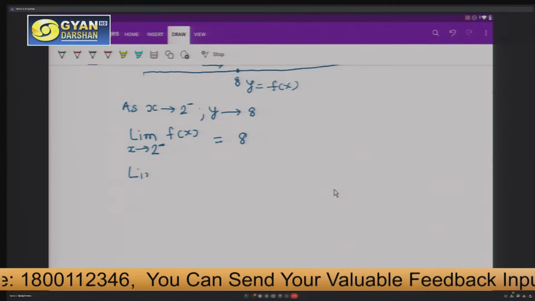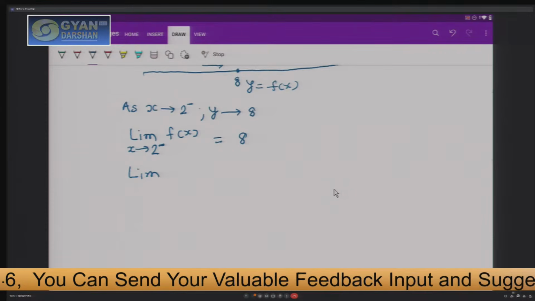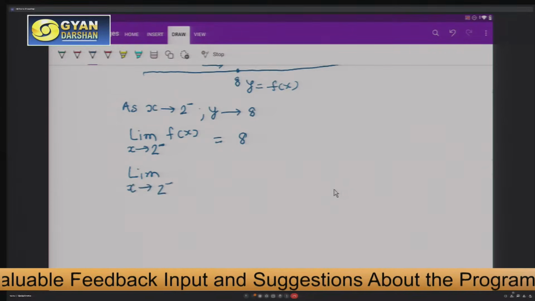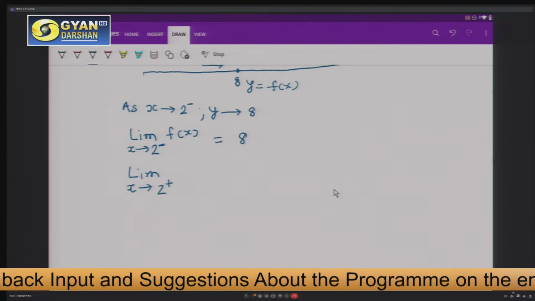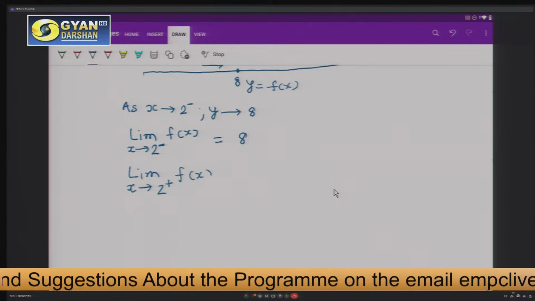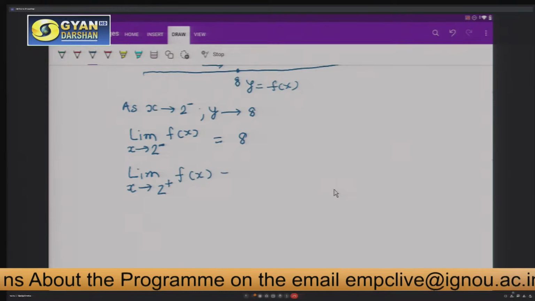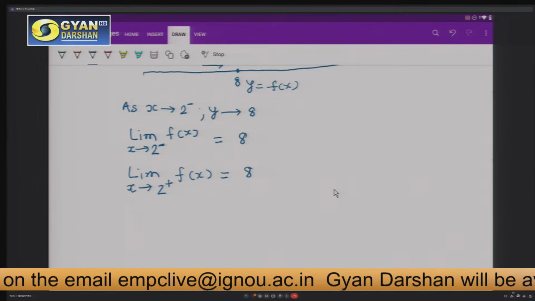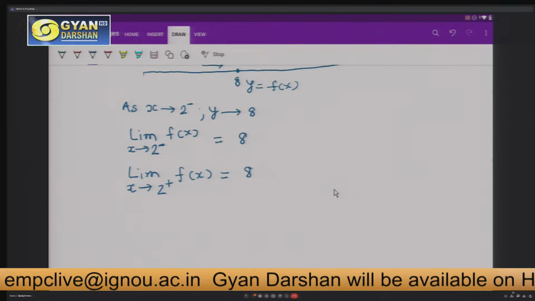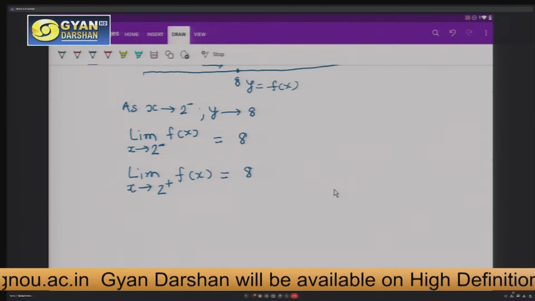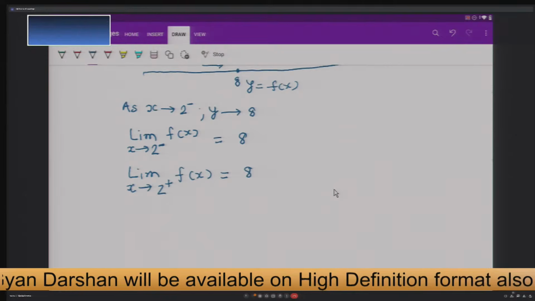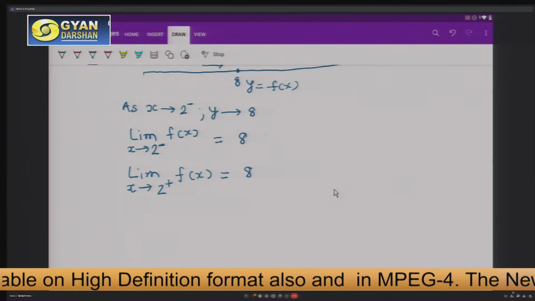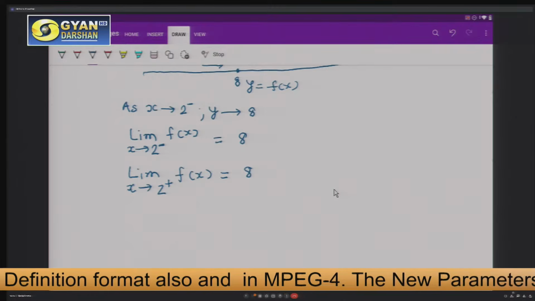And again, the limit when x approaches 2 from the right side is also 8. So either from the right hand side or left hand side, we can find this value by the direct substitution method.